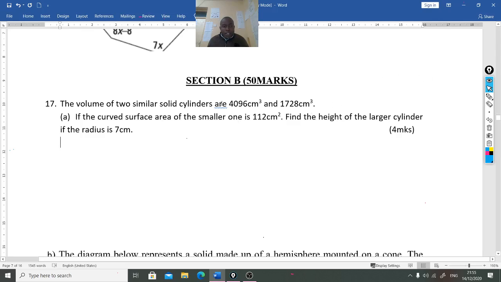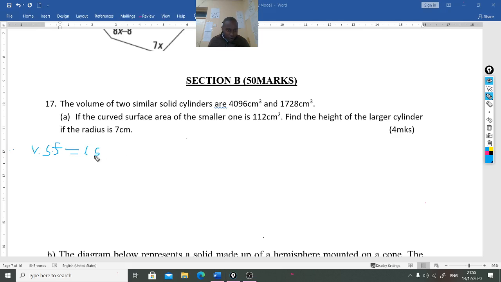The first thing that we can find from our question is the volume scale factor, because we are given the volumes of the two cylinders, the smaller and the bigger. You remember that volume scale factor equals linear scale factor cubed.